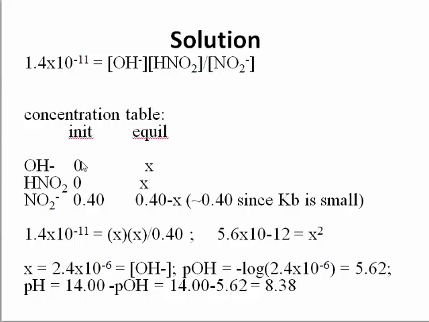We make the usual assumption that there are, hypothetically, none of these ions present initially, and 0.4 molar nitrite.